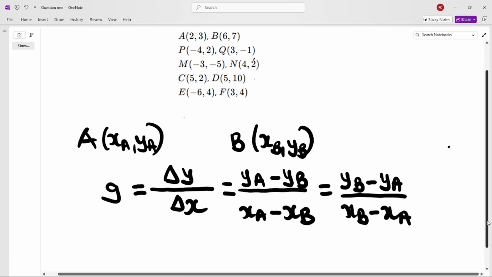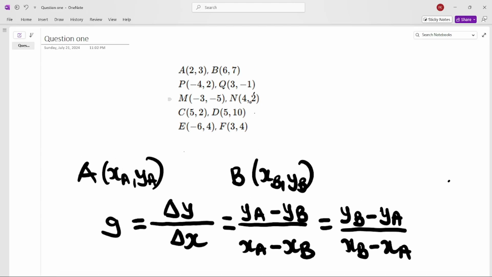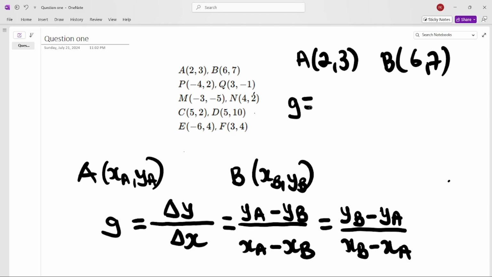I'm going to use those two to find the gradient of just this first point. The first points that we have are a, 2 comma 3, and b, 6 comma 7. We are asked to find the gradient of this line, and let me call it g. G is equal to, I'm going to do the two cases. First, we know that it's going to be change in y over change in x, so always y at the top.